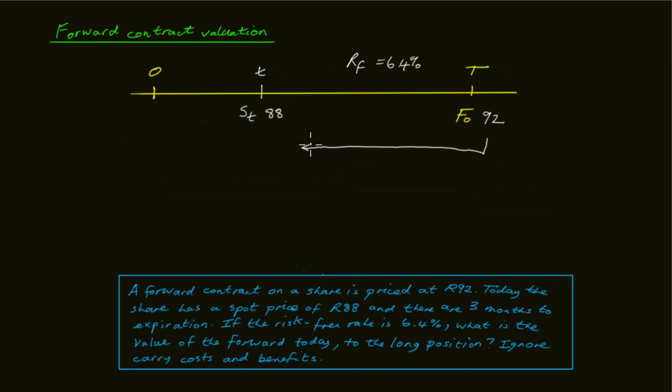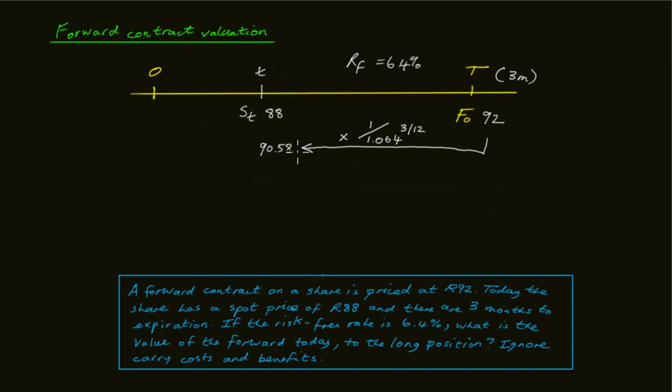And in order to do so, it is simply a present value calculation using the supplied risk-free rate, which is 6.4%, and therefore we are looking at, and I did not mention that that is 3 months away from time small t, so the exponent for this calculation is 3 over 12 months, and that is 90.58 Rand.